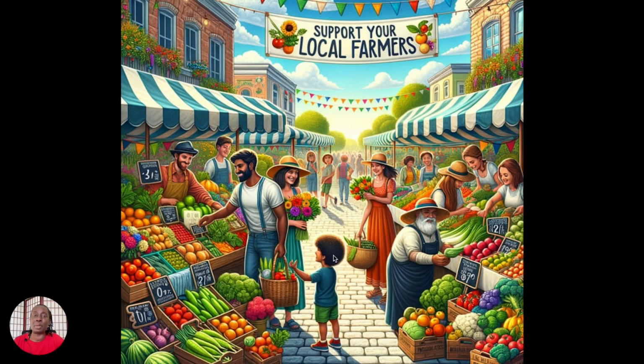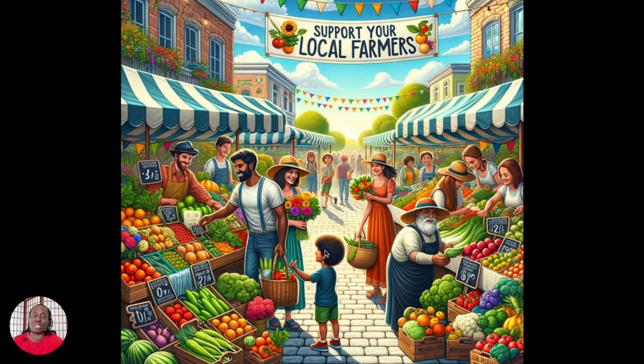And a few more people. This is a boy, a young boy. He's wearing a blue shirt, and he has a lot of hair on his head.